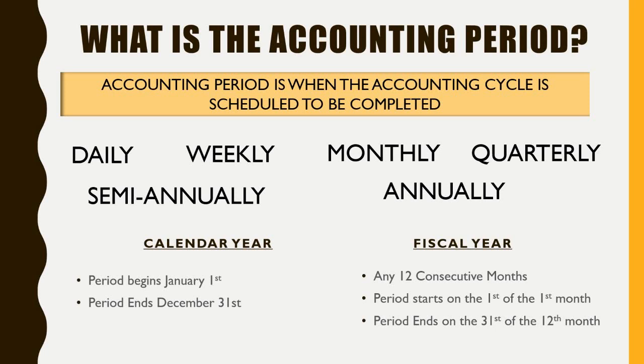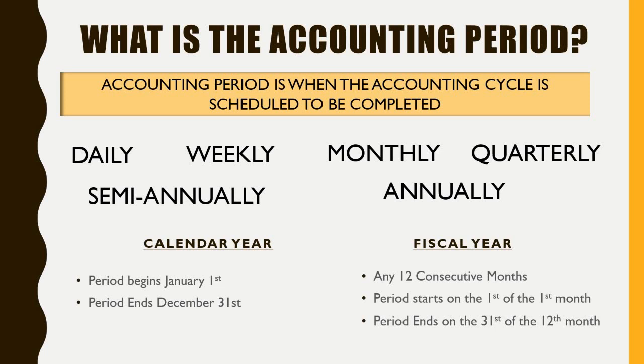Now, for fiscal year, it's going to be any 12 consecutive months. So if they want to start on May 1st and end their accounting period April 30th, then so be it. If they want to start November 1st, or let's do October 1st and end it September 30th, that's completely fine.